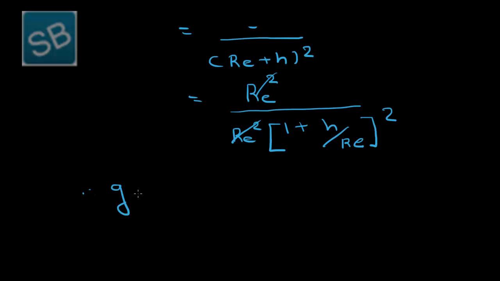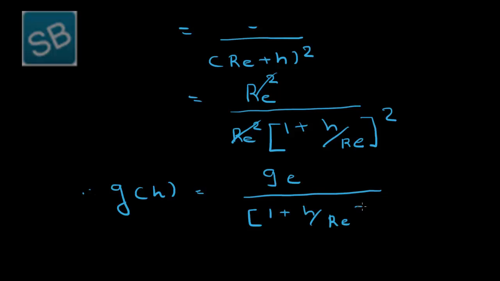Therefore, now I can write down g_h only. So I have taken the denominator by cross multiplication, and the 1 plus h over R_E whole square is as it is, and that is my equation number 5.